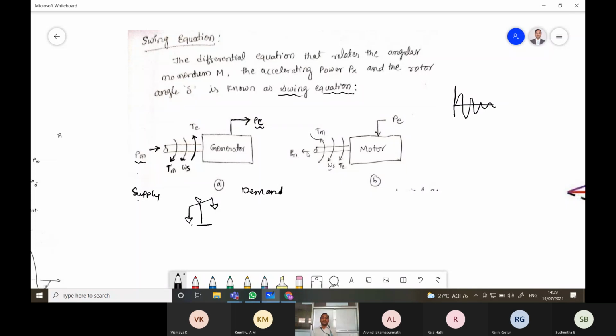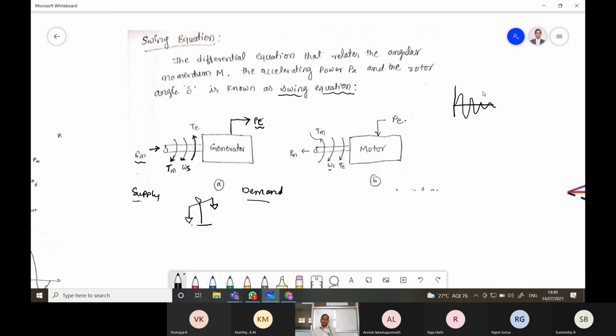So the generator converts mechanical power to electrical power, and the motor converts electrical power to mechanical power. If both are balanced, there is no problem and supply and demand are exactly maintained. If they do not balance, swinging may occur. That is called the swing equation.